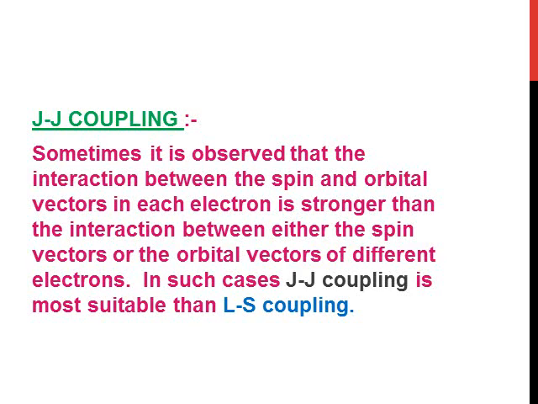Now we will switch over to another topic, that is JJ coupling. Sometimes it is observed that the interaction between spin and orbital vectors in each electron is stronger than the interaction between either the spin vectors or the orbital vectors of different electrons. In such cases, JJ coupling is more suitable than LS coupling.